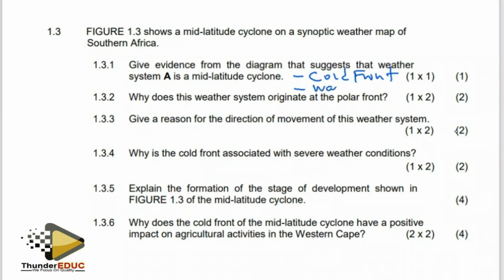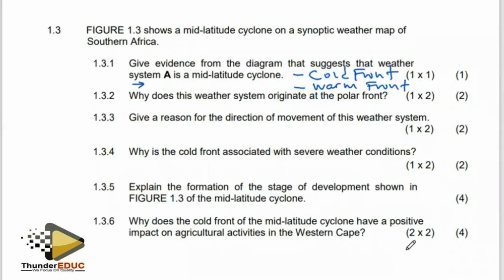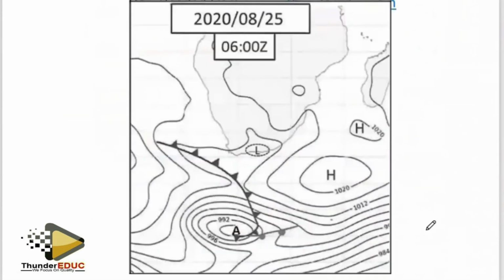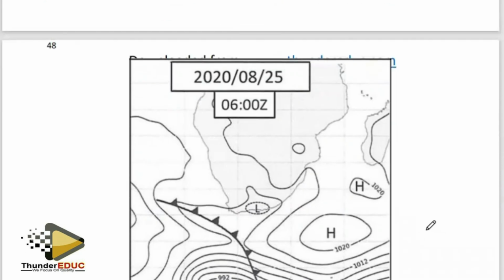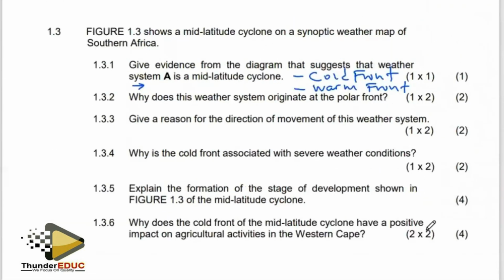We'll also talk about its location, located in the western side, located in the west. That's where the mid-latitude cyclones do originate, among other factors.